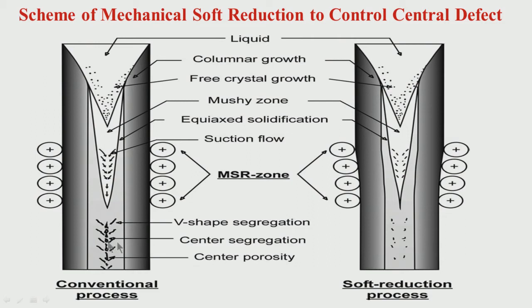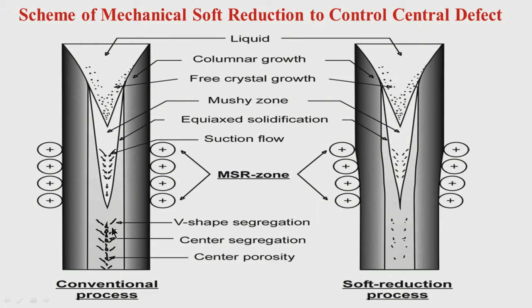So, you have central segregation, you have central porosity, and the segregation is sometimes distributed in V shape because of the flow of the final liquid in this area. Sometimes they take a V shape. So, if you have equiaxed solidification in the final stage, you have a V shaped segregation.